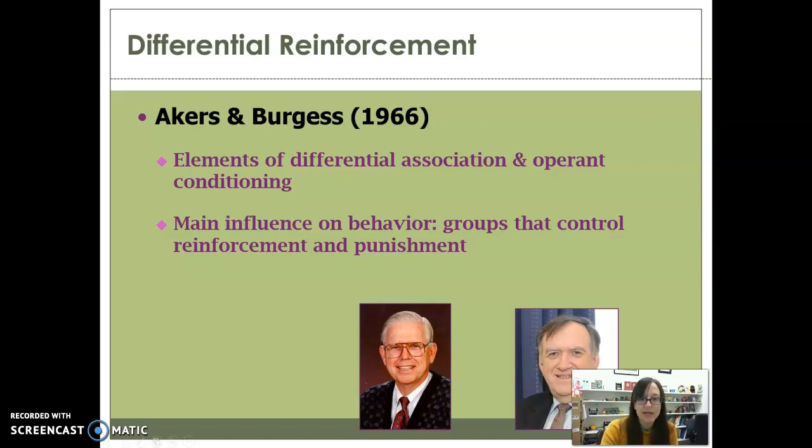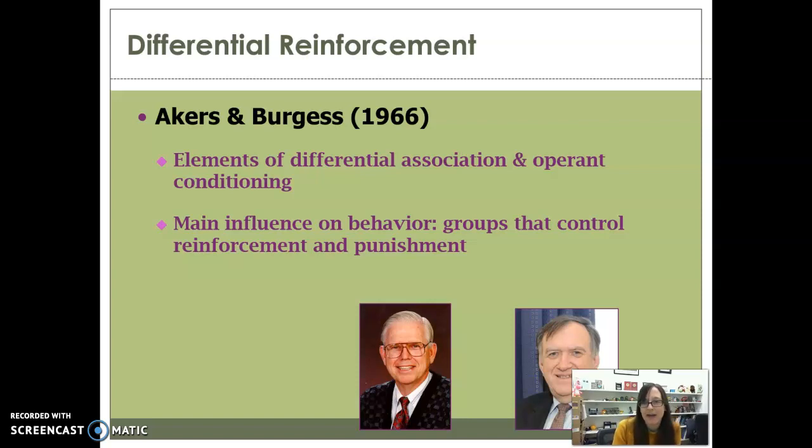So the people whose opinions actually matter to them and who can provide those punishments and rewards. And definitely that would include formal punishment. So their main influence on behavior is the people that control those reinforcements, whether it's rewarding behavior in some way, but also the punishment.